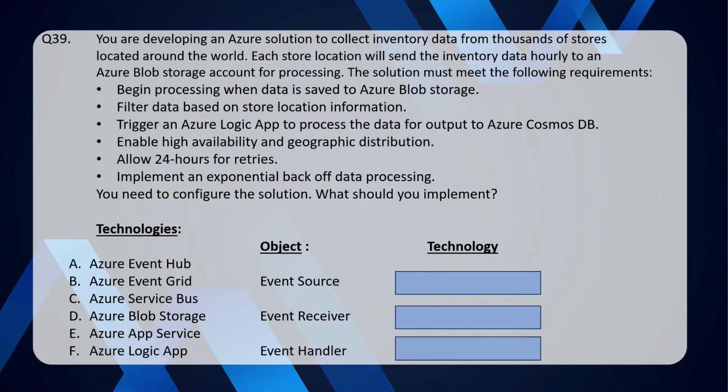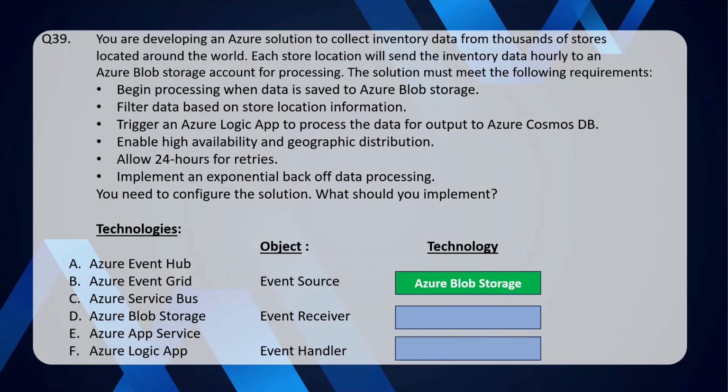Now the first part of the question is talking about what would be the event source. Now friends, data is uploaded hourly from each store, so blob storage events can be used to start the workflow as soon as files are added. Now the next part of the question is talking about event receiver.